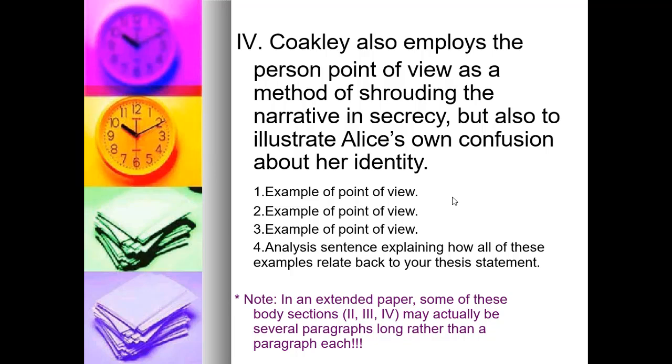Then finally, you're going to end with your concluding sentence, relating this back to your thesis statement about how the mixed up structure of the story mirrors the mixed up feelings Alice has.